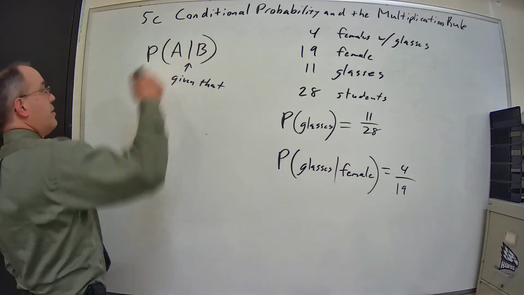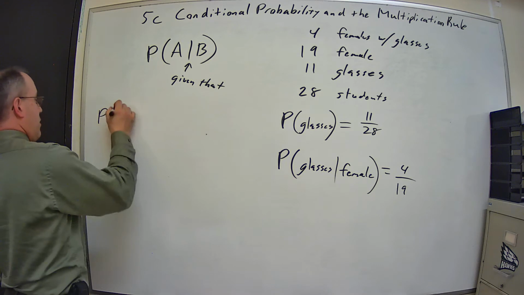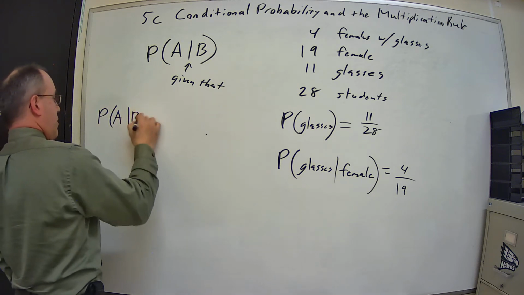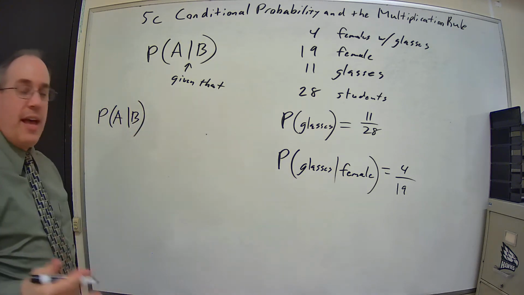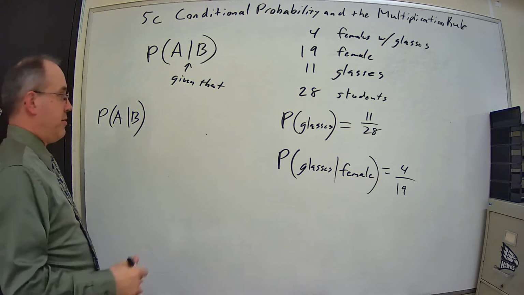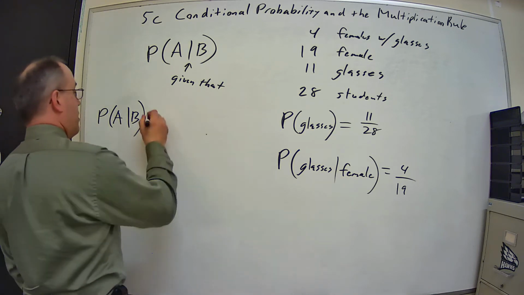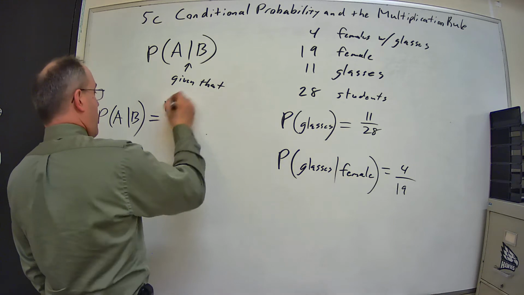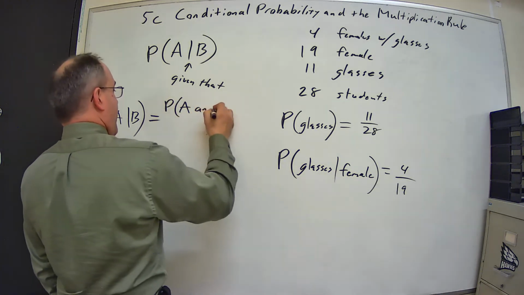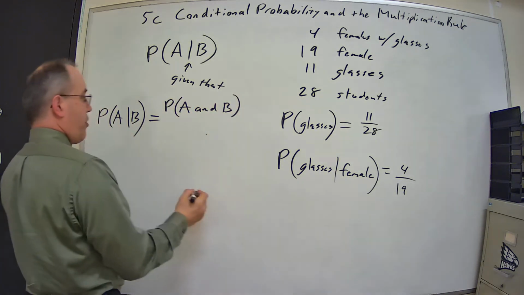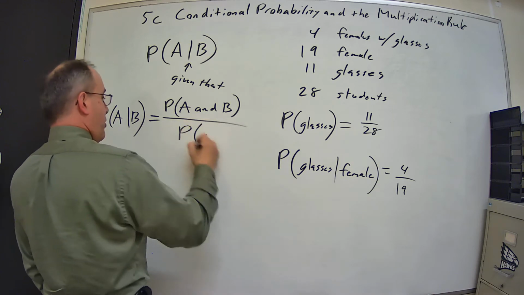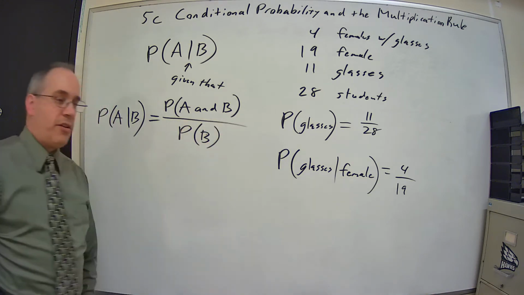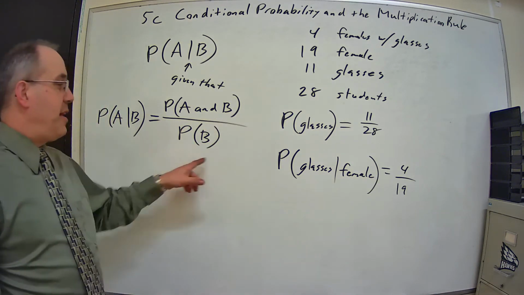So conditional probability that A occurs given that B has already occurred, or given that we know that B occurs, is equal to the probability that A and B occur over the probability that B occurs. And that's just what we did here.